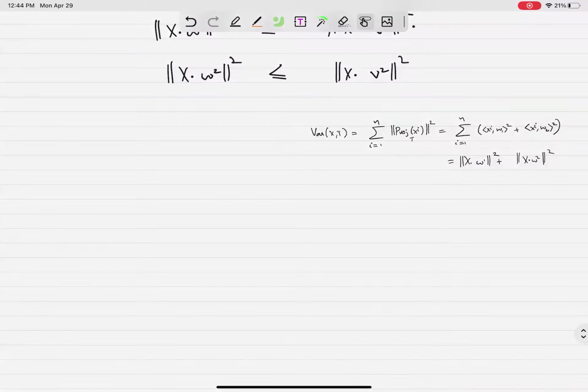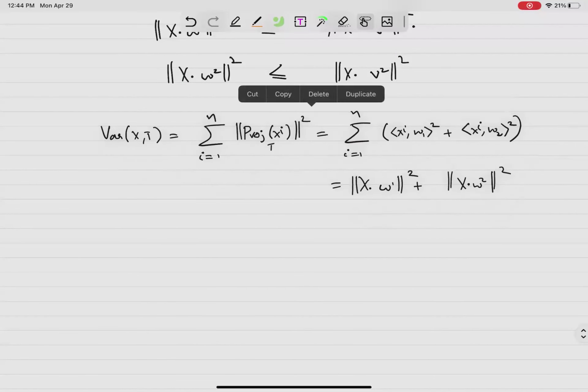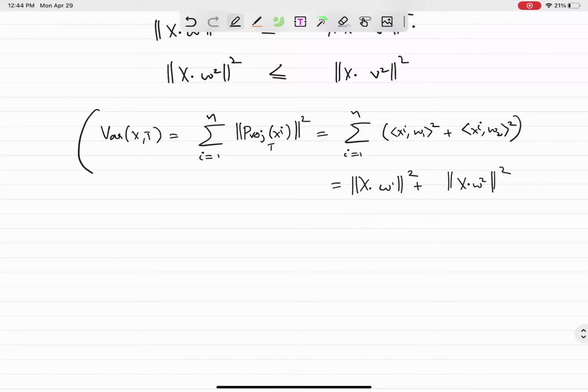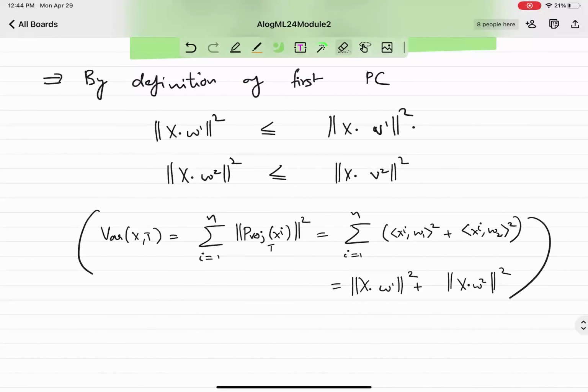Well, it turns out that it's not that simple. Oh, sorry, this should be v1. Thanks. Otherwise, you would be done. So we don't know about v2, right? So we don't know how to compare v2 to this.